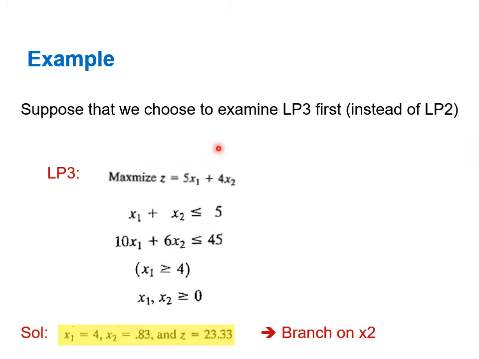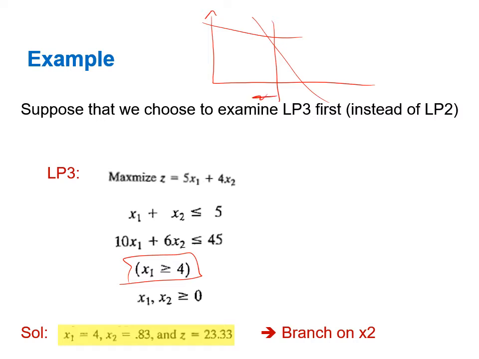So this is the problem where we have this additional constraint, x1 greater than or equal to 4. Remember the feasible region? It was something like this, and we divided this into two parts, like this and this. So x1 less than or equal to 3, x1 greater than or equal to 4.